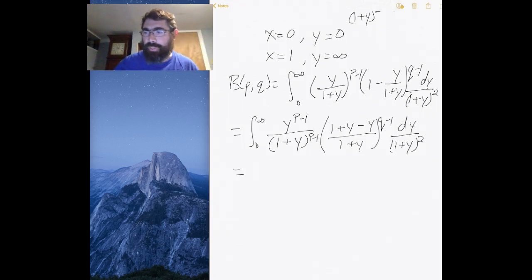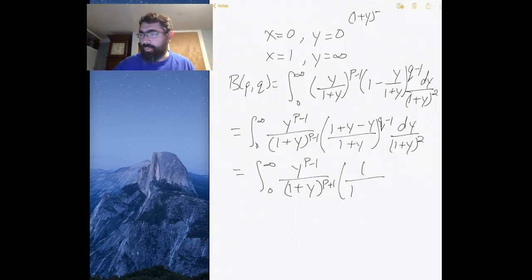So that gives me y to the p minus 1 over 1 plus y. Well, let's bring over the 1 plus y squared. So that would be p plus 1. And then this would be 1 over 1 plus y to the q minus 1 dy.